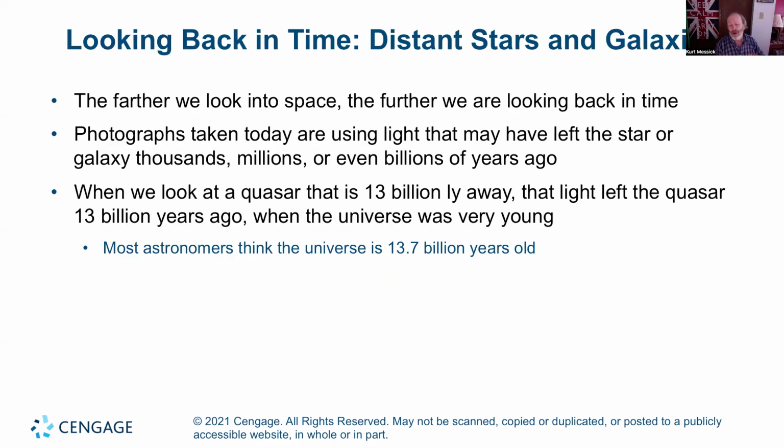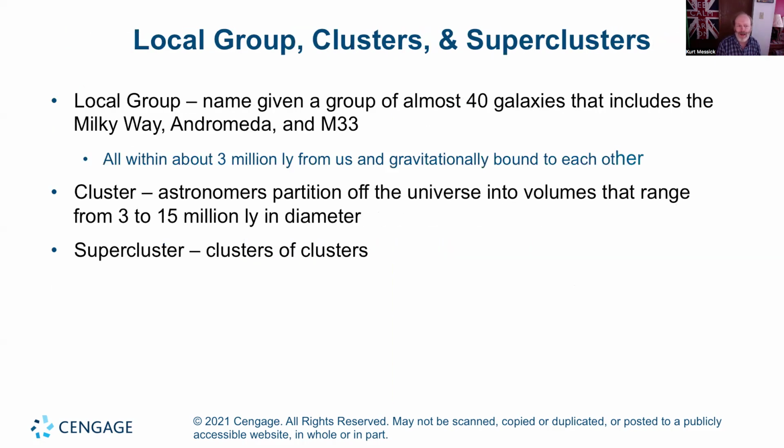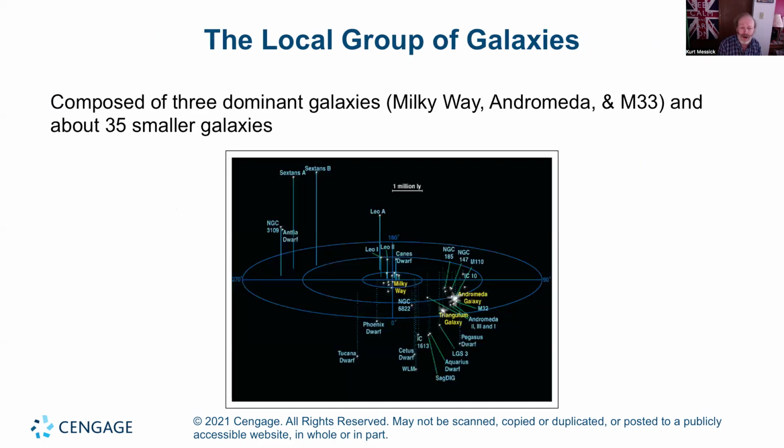When we look out into space, we're also looking back into time. When we look at our local group, for example, when we look at the Andromeda galaxy, we're seeing light from 2 million years ago. When we look at our nearby cluster, we're looking at light from up to 15 million light years ago. So most of the galaxies in our local area are small.